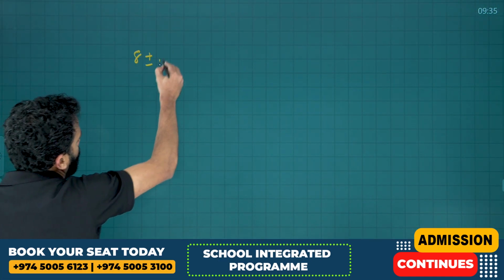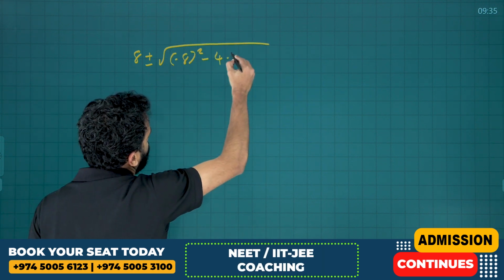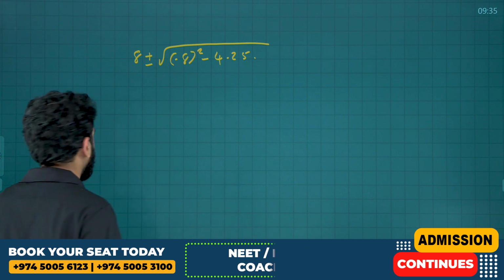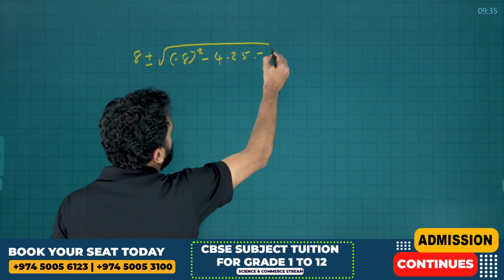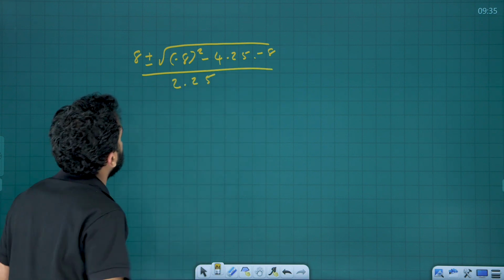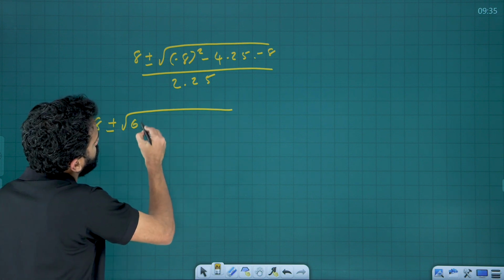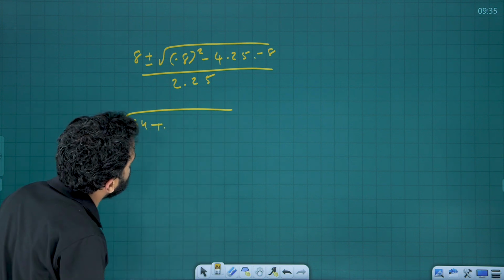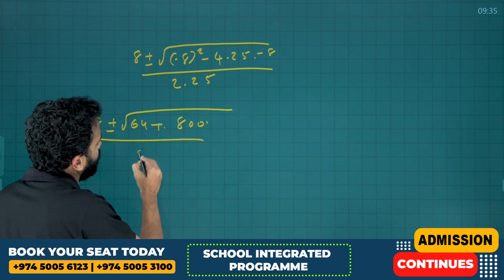That is 8 plus or minus root of minus 8 the whole square minus 4 into 25 into minus 8, divided by 2 into 25. Okay. So it will become 8 plus or minus root of 64 plus 800, divided by 50.